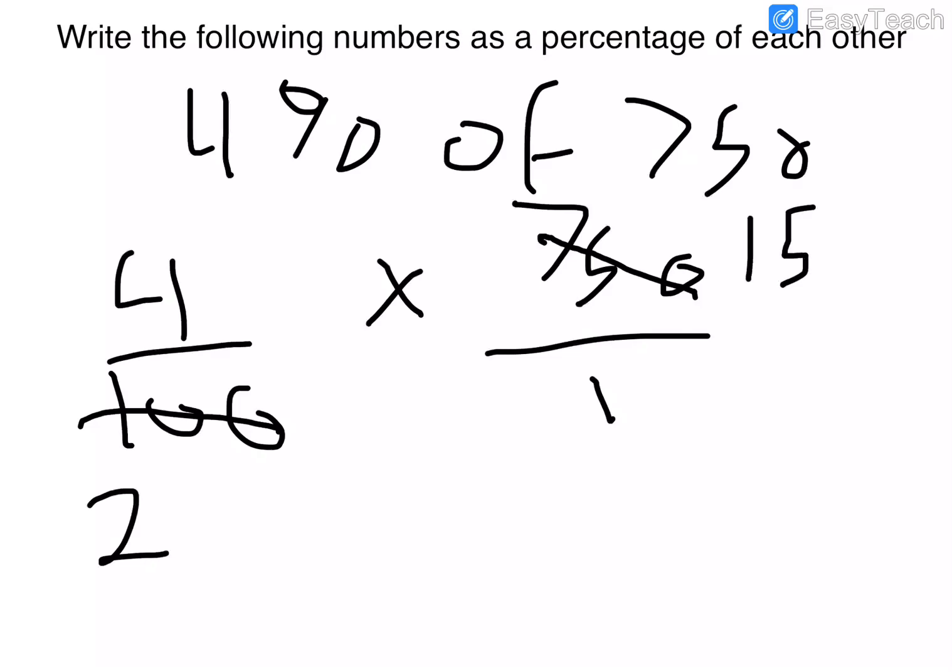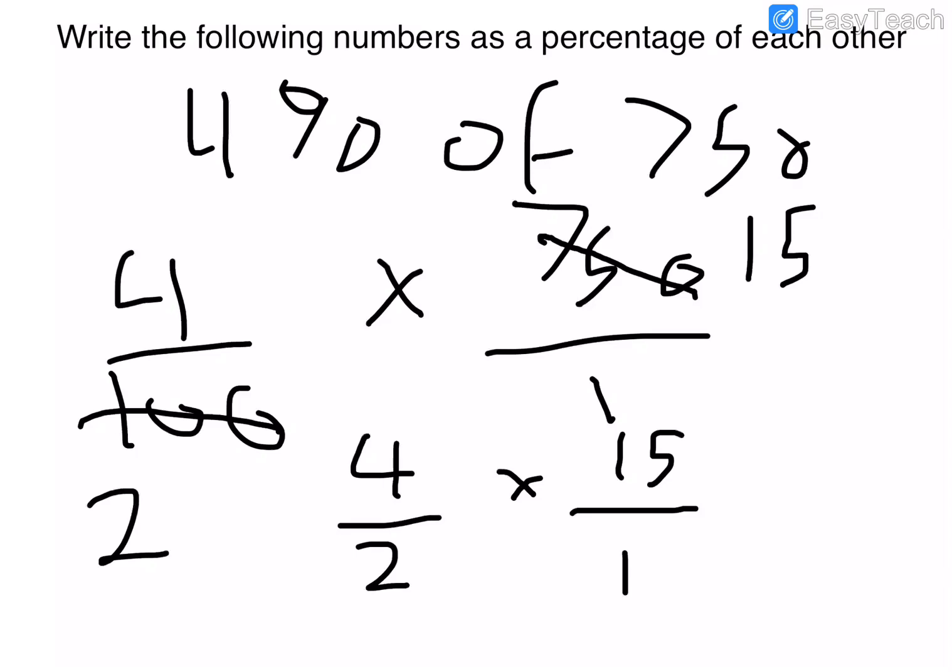And then what happens next is that you have 4 over 2 times 15 over 1. Then you try to simplify further.